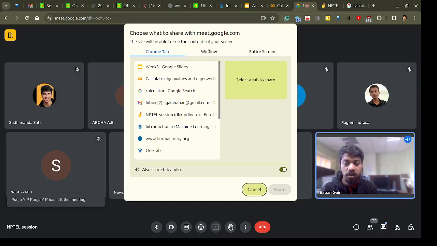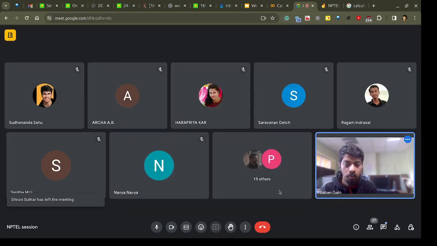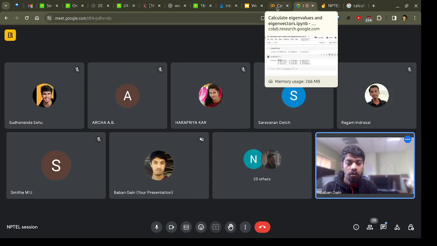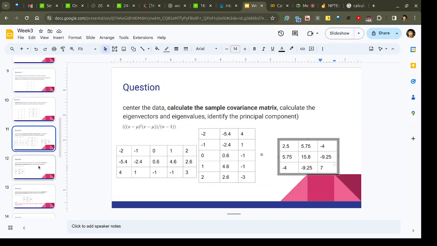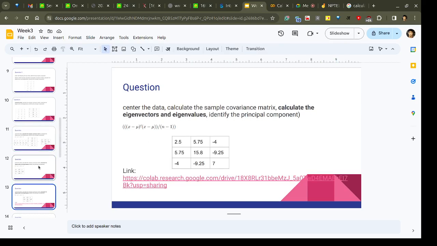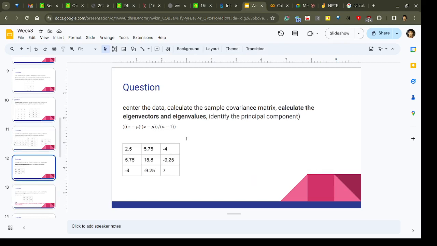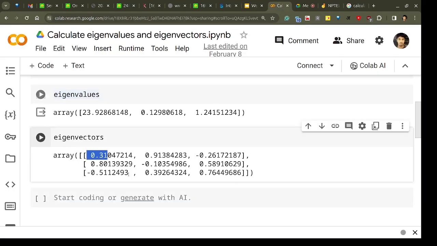I'm sharing the screen again. Okay, so we got the covariance matrix here. After that we have to calculate the eigenvalue and eigenvector. We have already calculated them from here.